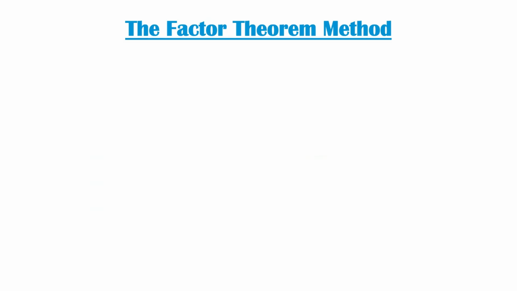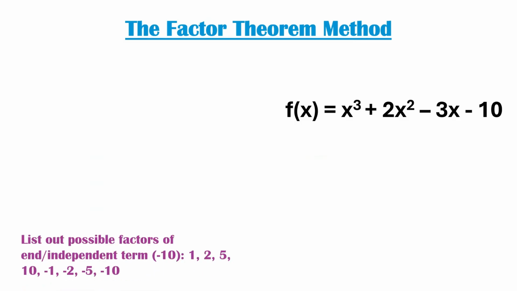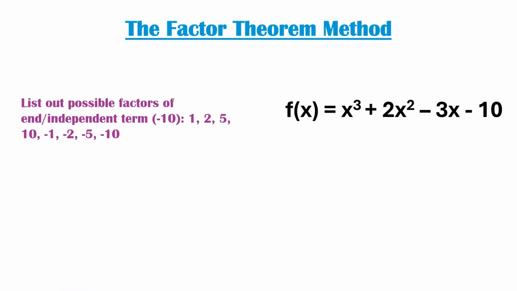Now this is the method. So say we have this expression, f of x equals x cubed plus 2x squared minus 3x minus 10, a lot more than our usual quadratic. We must list out all possible factors of the independent term, which is minus 10 in this case. So we have 1, 2, 5, 10, and then all the negatives. But I suggest you check the terms closest to 0 first.